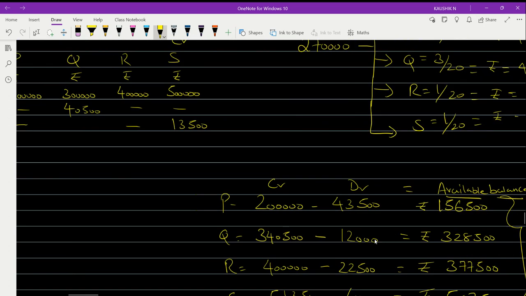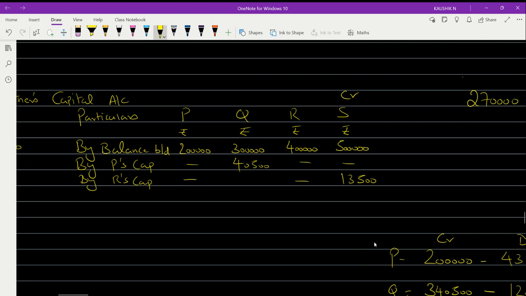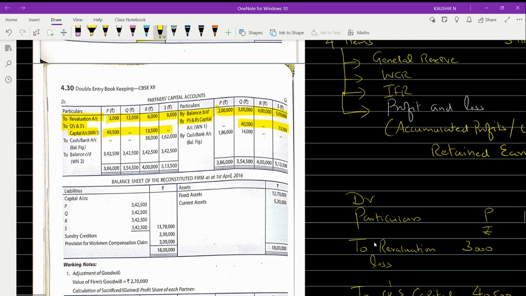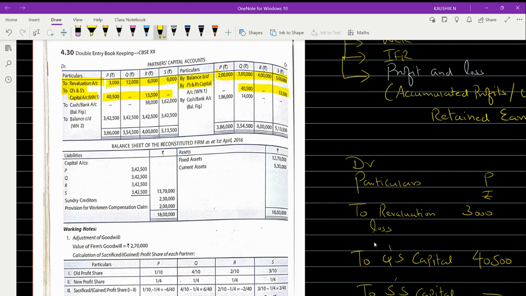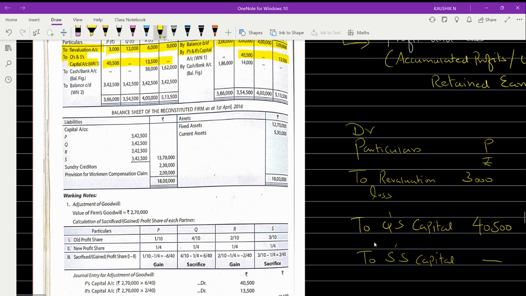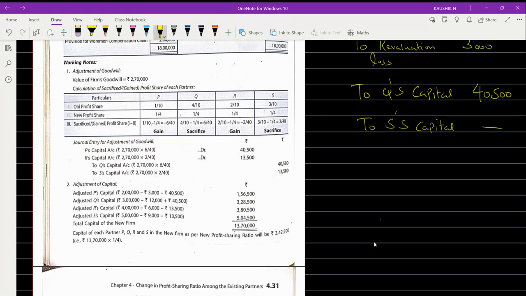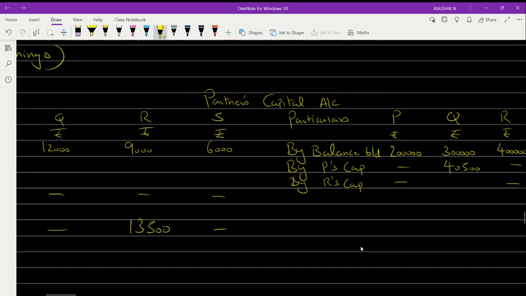Okay, for R. There is a 6,000 and 3,000. Put together is 13,22. Right? Okay, there I think you have made a mistake. 3 lakh 85 is coming as a balance.